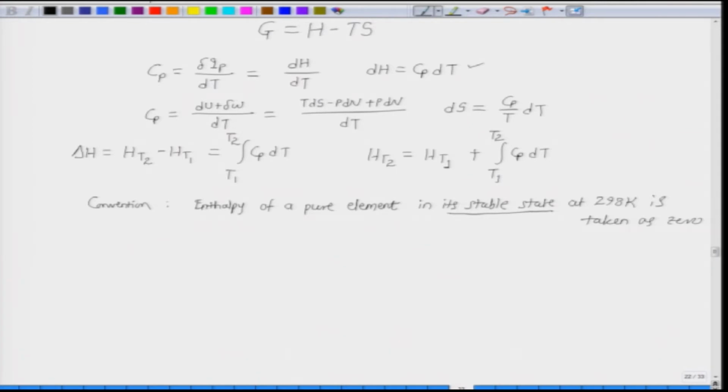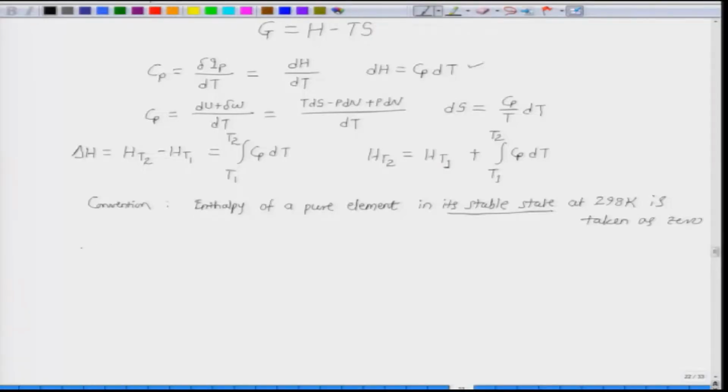So, for example, iron we know at room temperature at 298 Kelvin exists as BCC. So, enthalpy of BCC iron at 298 Kelvin is taken as 0, but enthalpy of FCC iron at 298 Kelvin will obviously have some non-zero value.